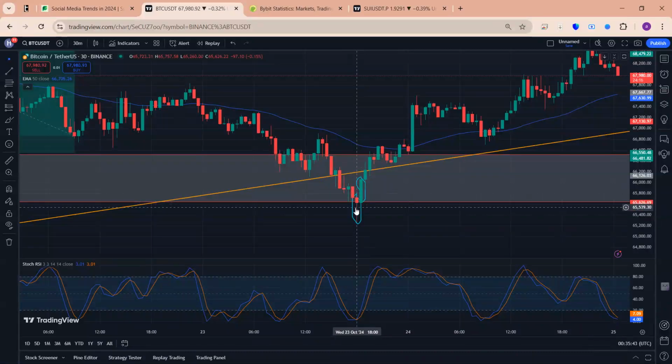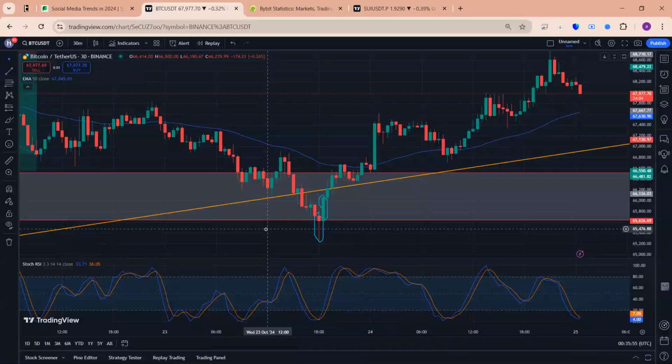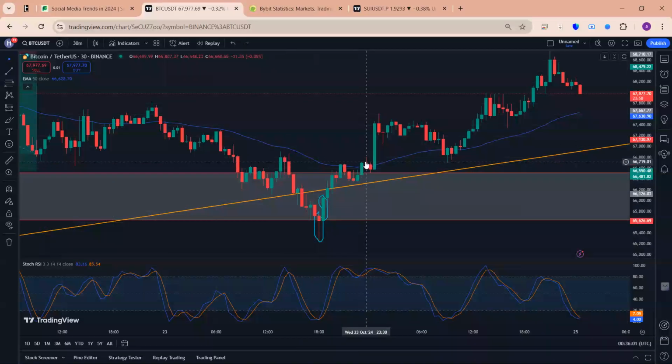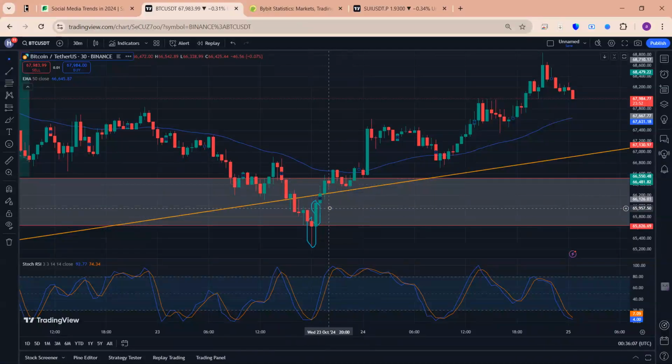This hammer is a confirmation candle, and my bullish engulfing candle is under confirmation. But if I want to enter this trade following my EMA rules, and I'm giving you two rules now to enter into the market, if I want to follow my EMA rules, I will enter at this level. But since I already see my bullish engulfing candle, I will mostly enter around this level.